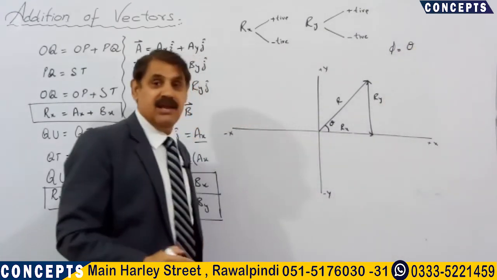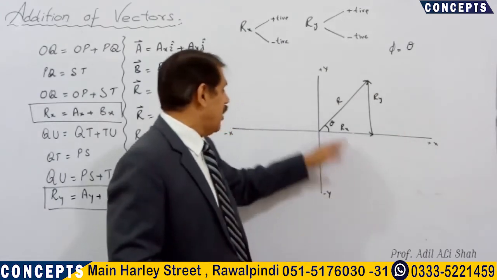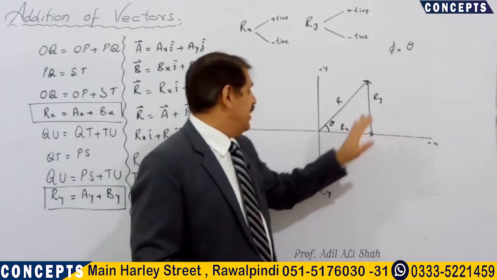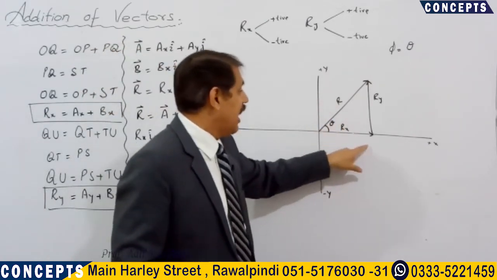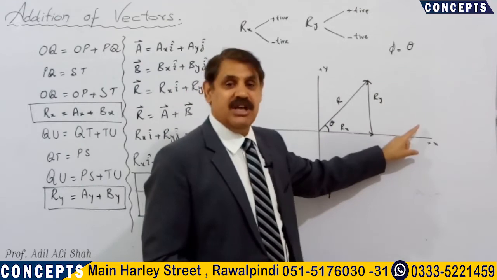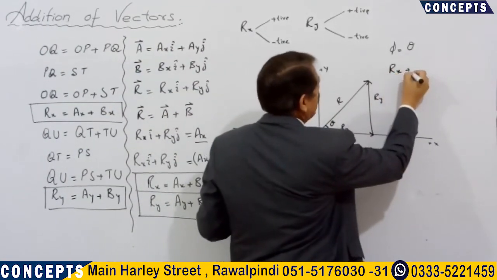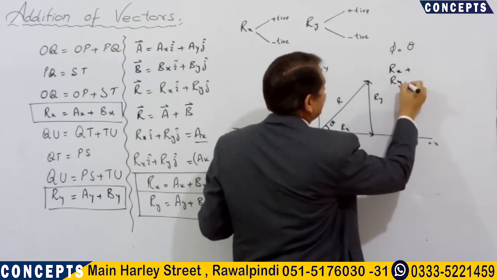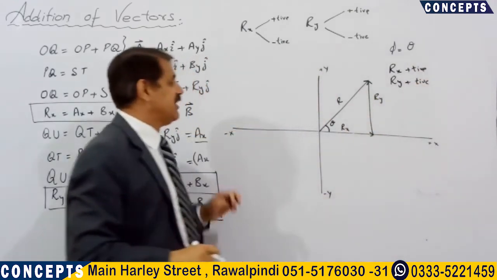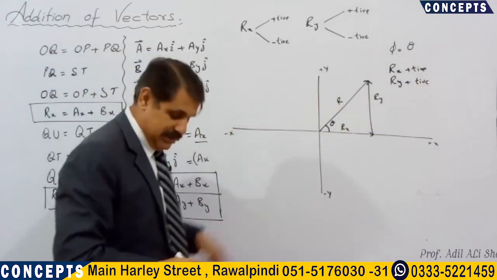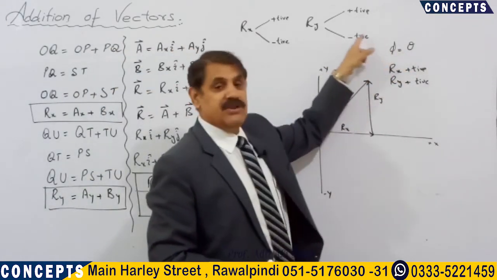Now what is angle phi? Angle phi is the angle with the positive x-axis, and we always take the angle of the resultant vector along the positive x-axis. So in the first case, when Rx is positive and Ry is positive, your resultant vector would be lying within the first quadrant, and your theta would remain the same.